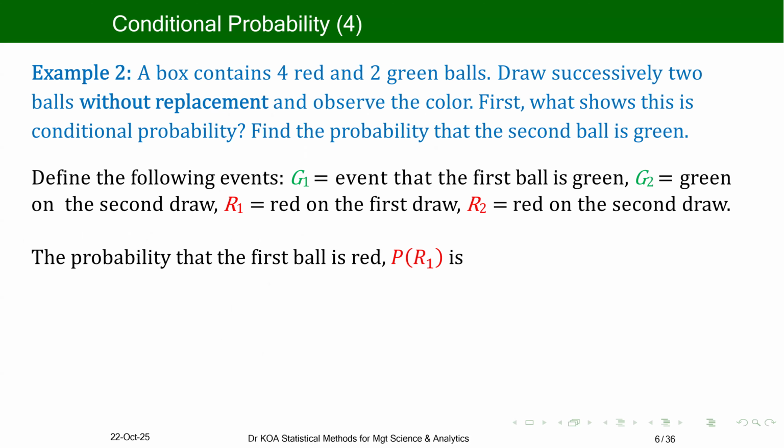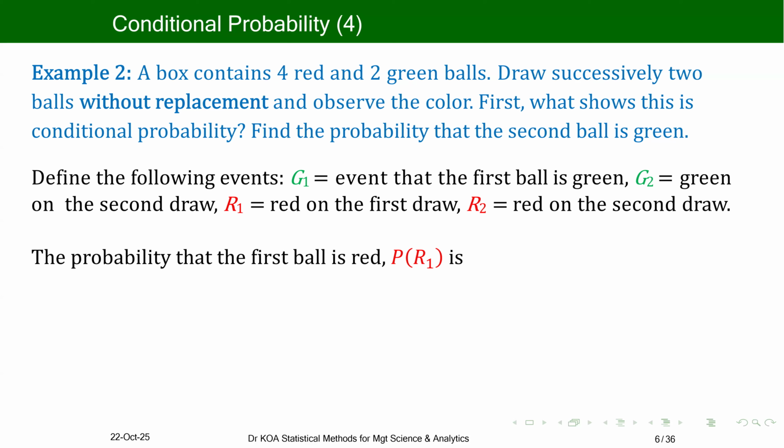So we're going to do some quick work. I decided to give some common definitions so that you all use them. Let's look at this. I'll give you an interpretation before we start. You have a box with 4 red balls and 2 green balls. You're about to draw 2 balls from the box without replacement, and you're going to check the color.